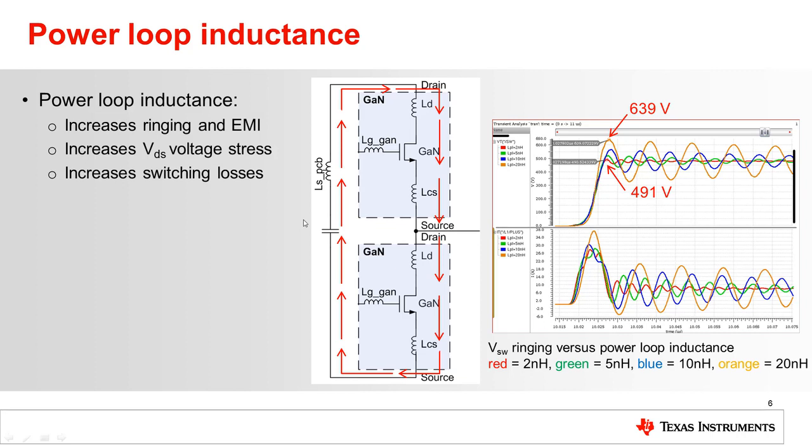The power loop inductance will increase the switch node ringing and EMI, and also the voltage stress across the GaN FET that is off. As you can see on the simulation plot on the right, 20 nanohenry of power loop inductance will have ringing up to 639 volts compared to 491 volts at 2 nanohenry. And it's essential to have the power loop inductance minimized during the PCB layout.